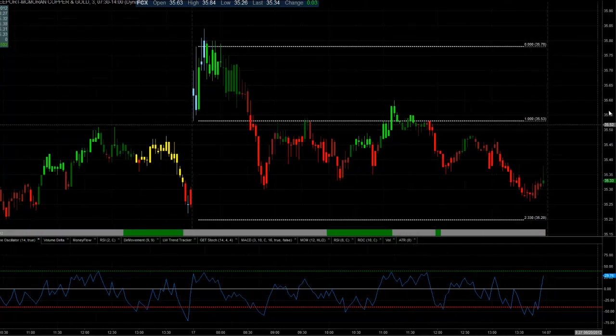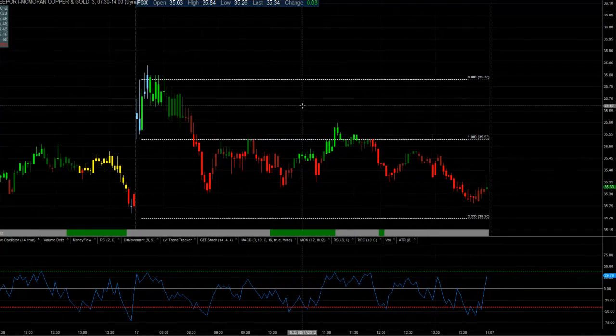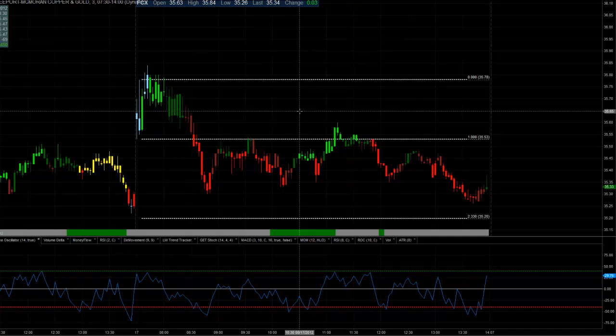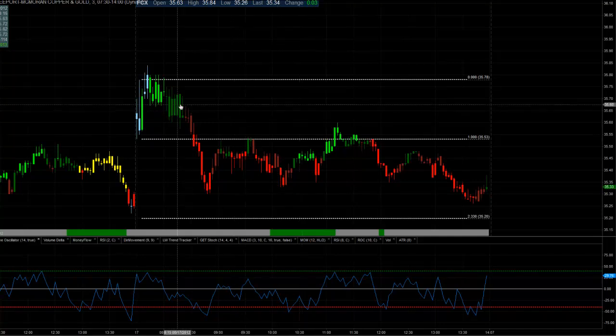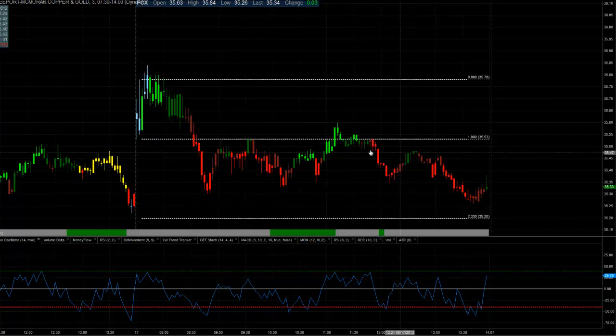And you can use it also as a sort of a filter for your bias and how you want to trade. If price is below the opening range, price basically has a bearish tone to it.